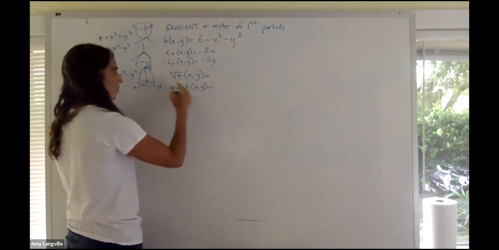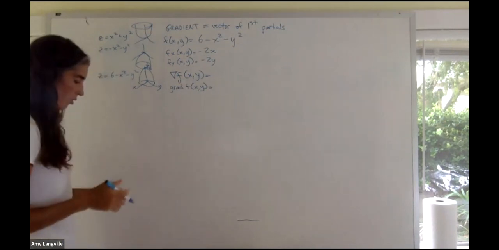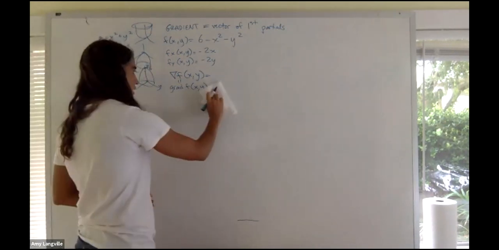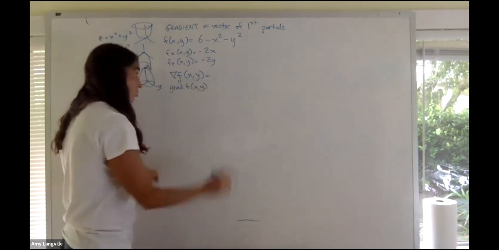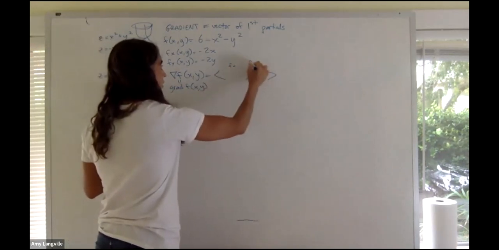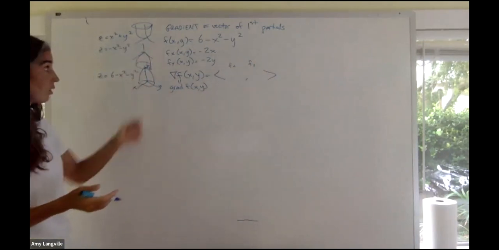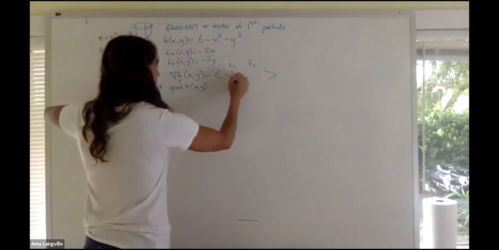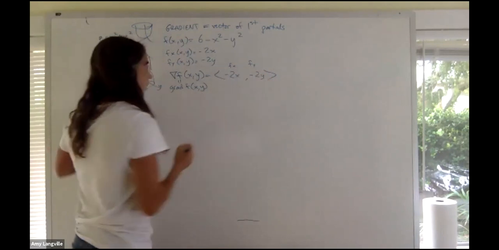And that just means the same thing, right? Those are the same thing. They mean compute the gradient, and the gradient is your vector of your first partials. And so you put the f sub x here, and you put the f sub y here. Easy one, minus 2x, minus 2y, so it's a pretty simple vector to look at.